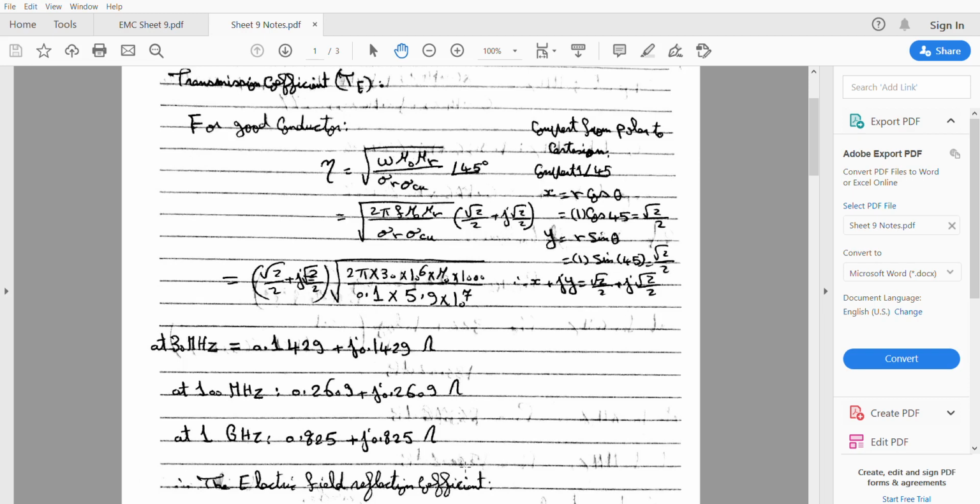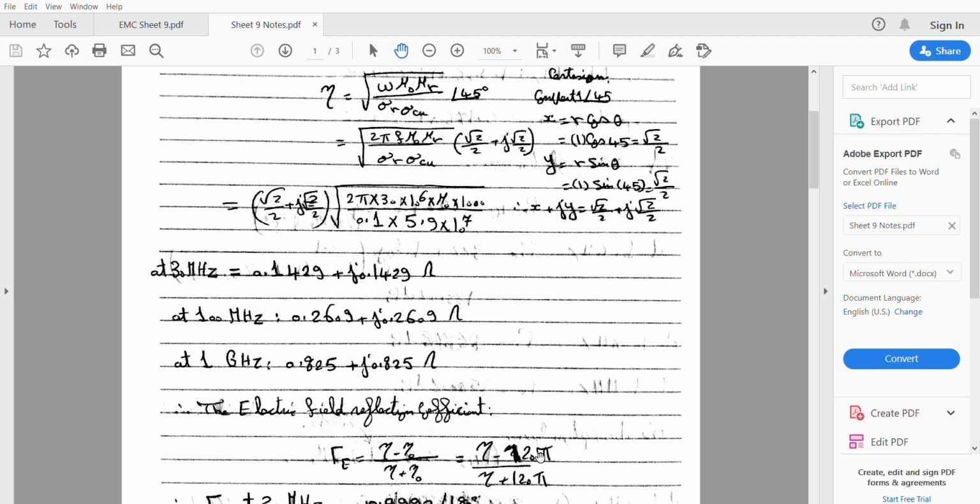Now we still haven't gotten the value of the electric field reflection coefficient, but we have the values of the intrinsic impedance, which is a component of the reflection coefficient. As previously we know, the reflection coefficient is equal to (eta minus eta naught) over (eta plus eta naught). We have the values of all the etas at different frequencies from these equations.